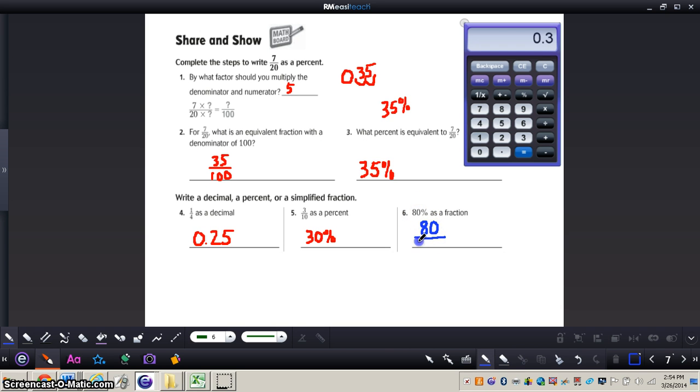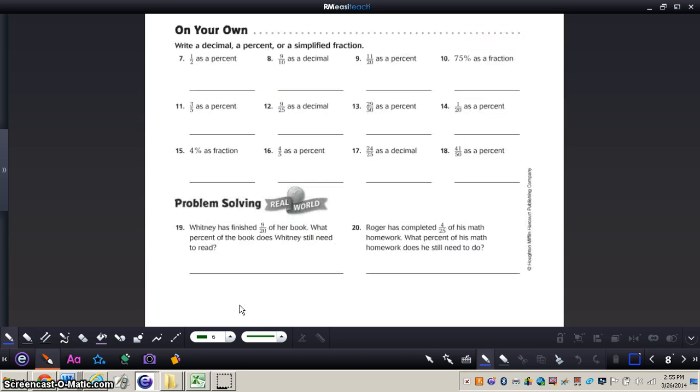Anytime we're dealing with a percentage, it can always be written over 100. We don't even need to do any of the converting like we did with 1/4 as a decimal or 3/10 as a percent. We just know that percentages are always out of 100, so we can write 80 hundredths here as the fraction.